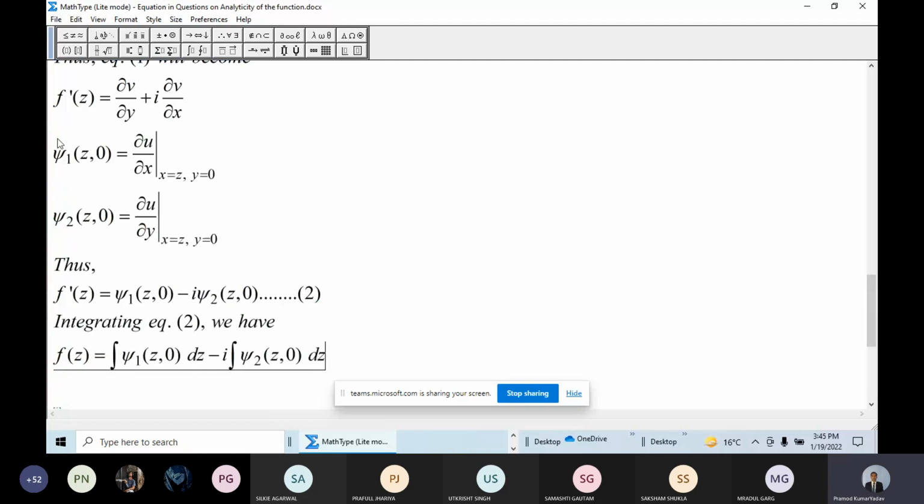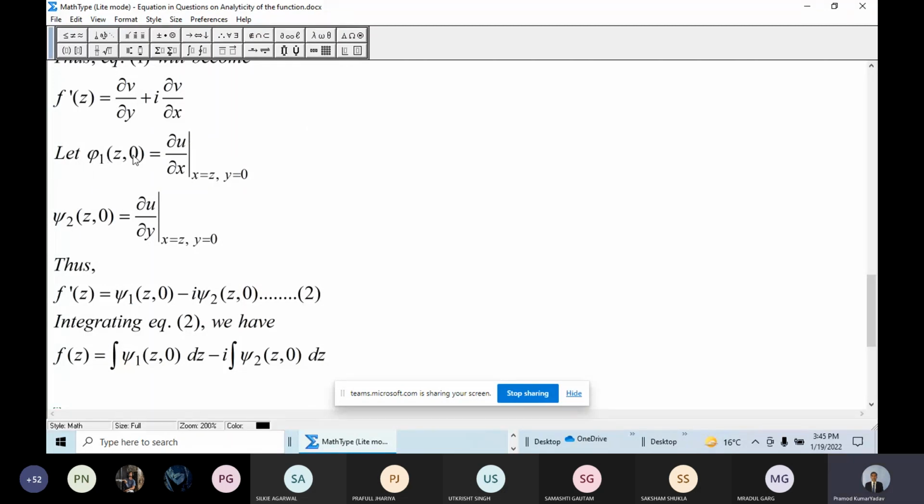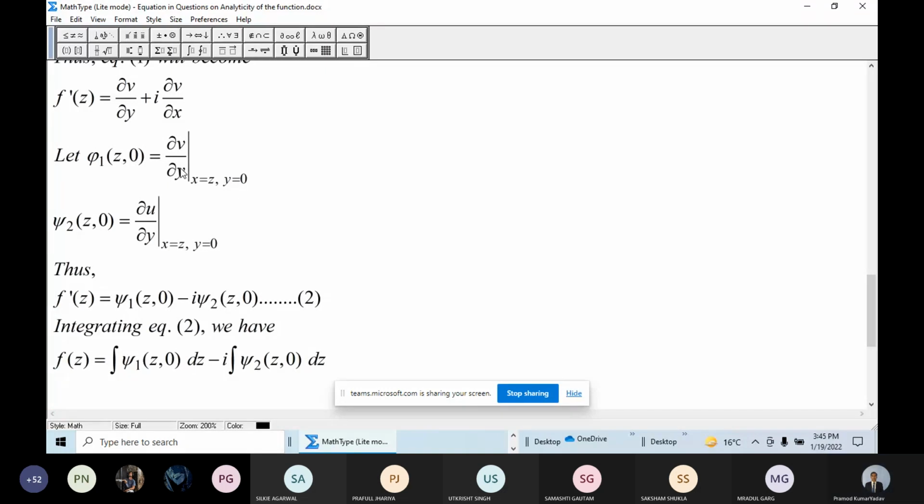Let us use another symbol in place of psi 1: phi 1. Phi 1 z0 is del v by del y at x equal to z and y equal to 0.